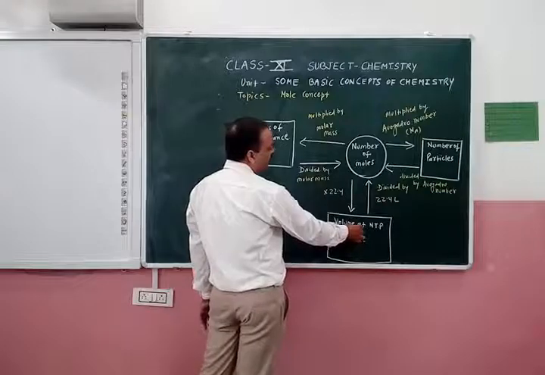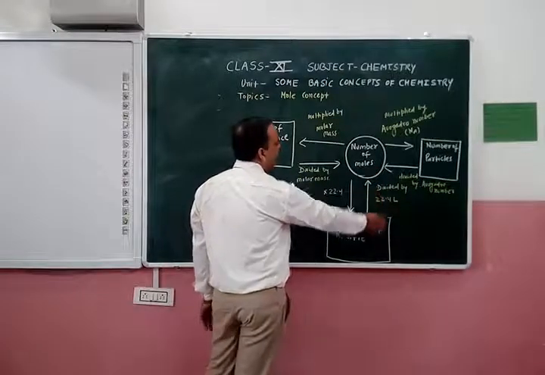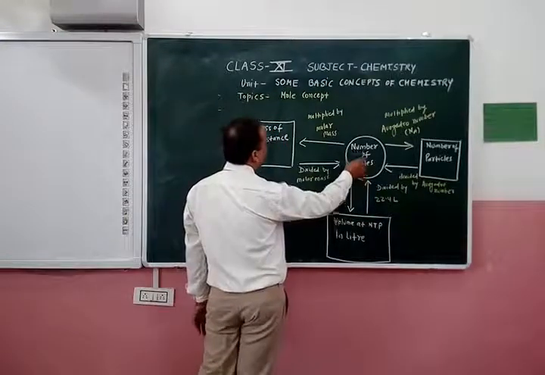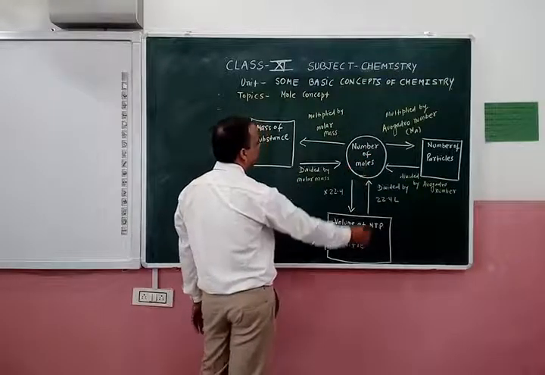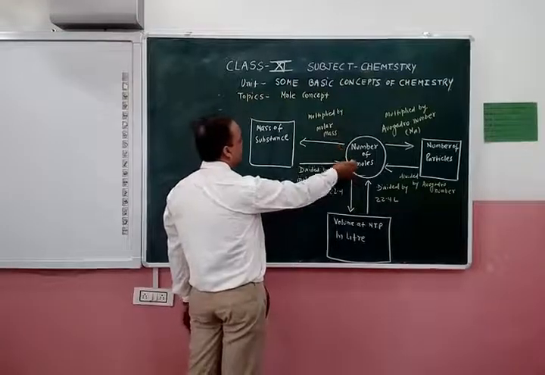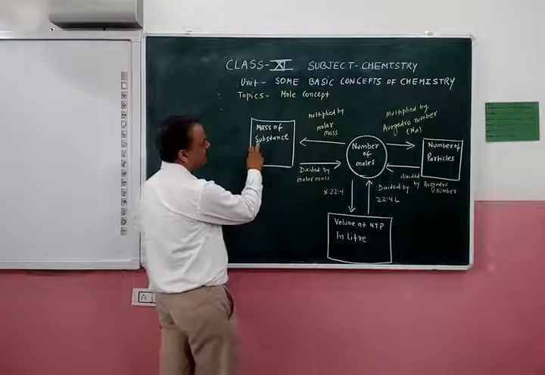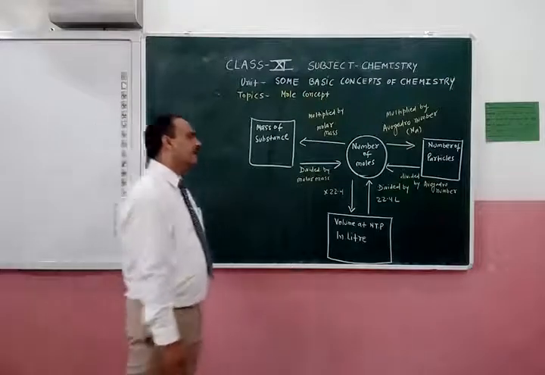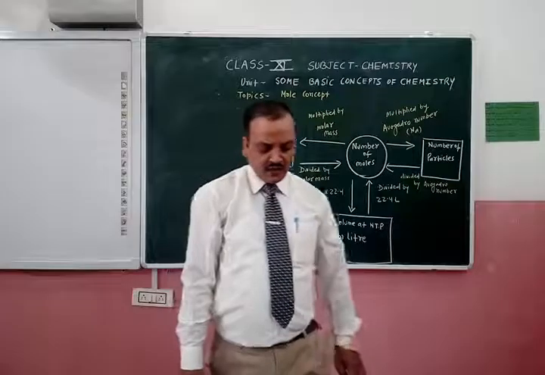If you have to convert volume into moles, you divide by 22.4. To convert moles into mass, we multiply the number of moles by the molar mass, and to convert mass into moles, we divide by the molar mass. So this is the graphical representation of this.